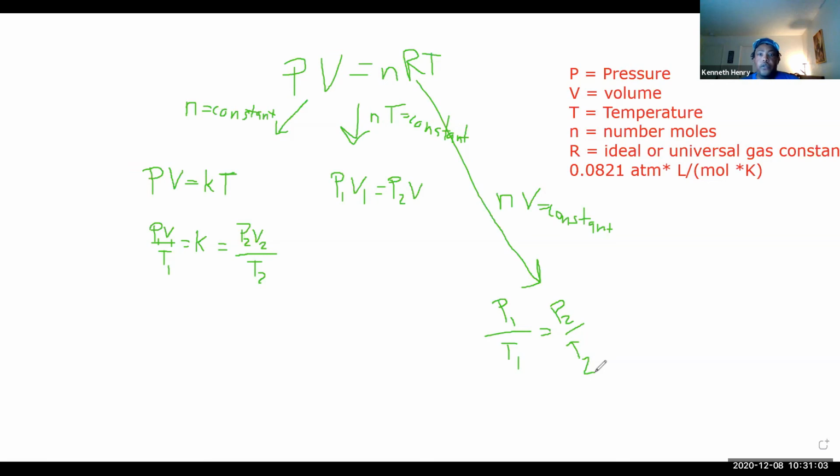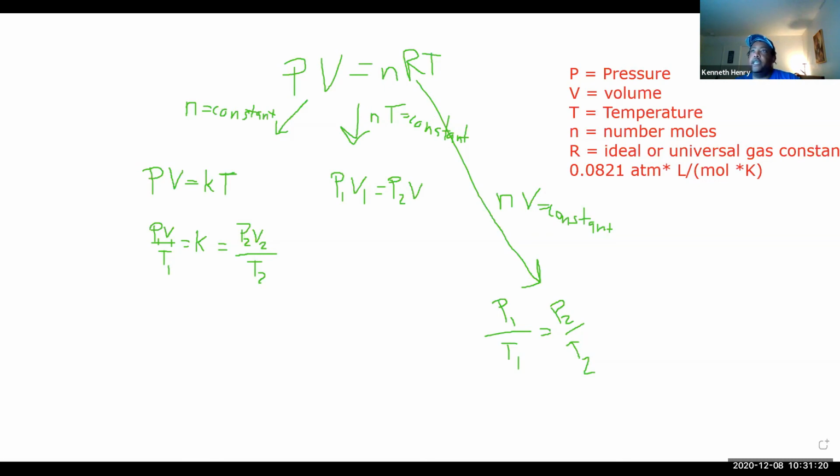Okay, so from the ideal gas law, we can get all of the other gas laws. These are examples of all of the different gas laws that we have. We can also say the same thing with pressure being constant and all that stuff.